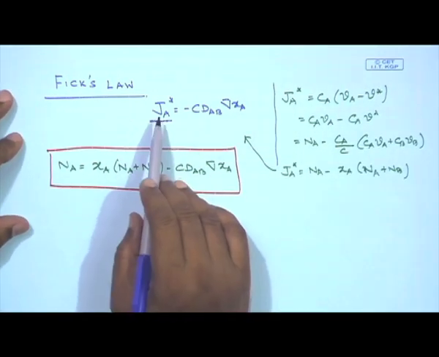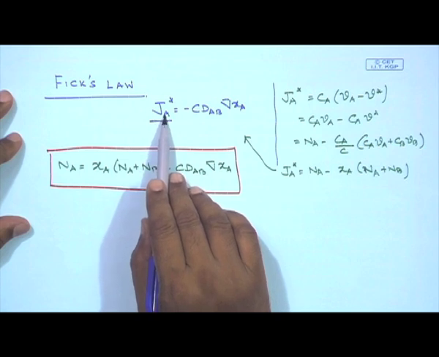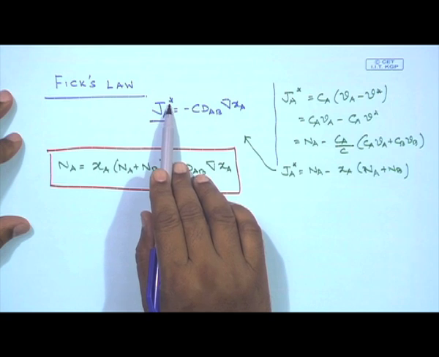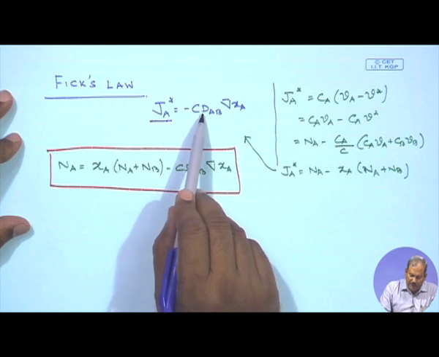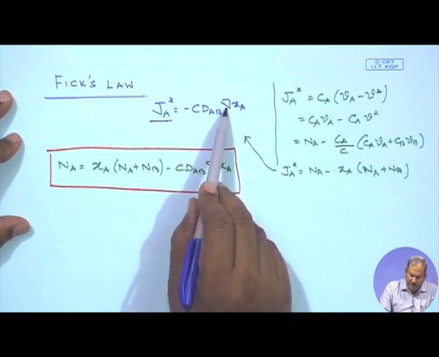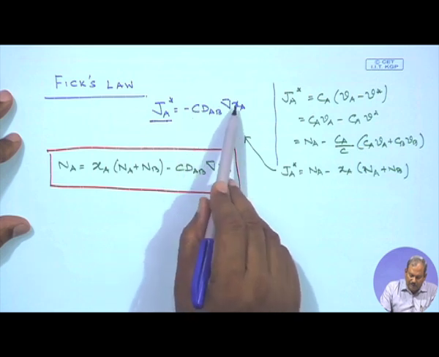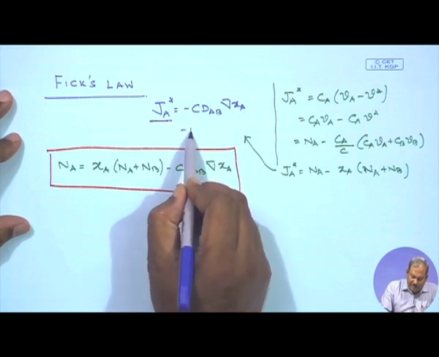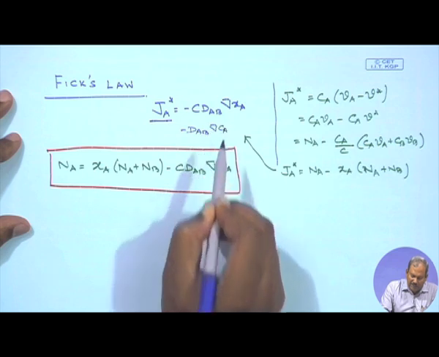So Fick's law is simply the molar flux of component A when expressed with respect to the molar average velocity, which is simply minus DAB times the gradient of Xa. So if C is constant, I can put C inside. The other way of writing it is times Ca.